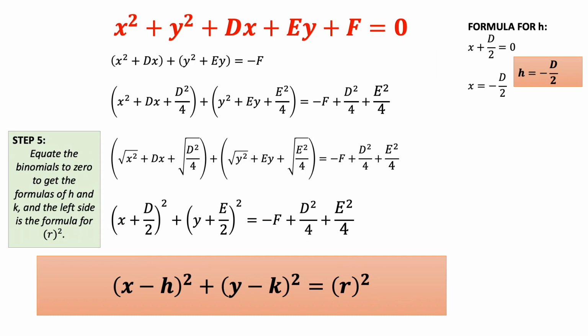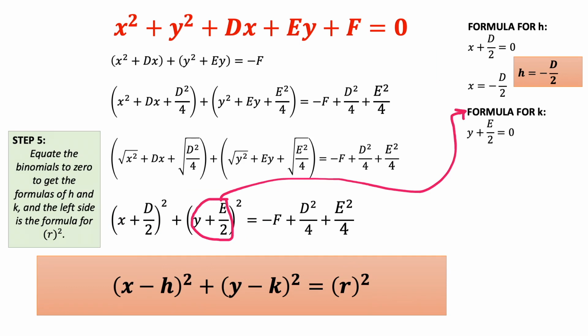Following the same procedure, we shall have the formula for k by equating y plus e over 2 to 0. Then, by transposition or addition property of equality, I will have negative e over 2 as the formula for k.